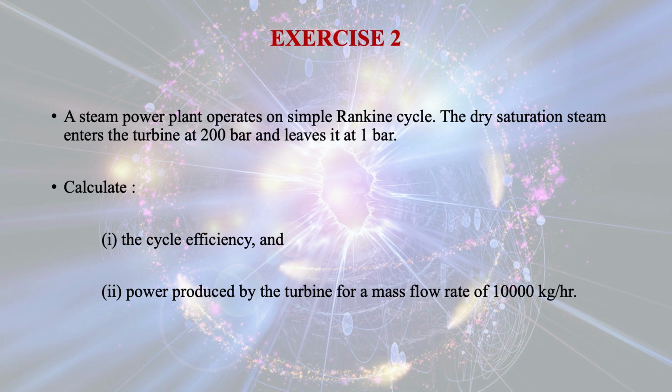Calculate, number 1, the cycle efficiency and number 2, the power produced by the turbine for a mass flow rate of 10,000 kg per hour. Now, as I have suggested, first you try to draw the temperature entropy diagram or at least the block diagram so that you can proceed for solving this problem without any difficulty.